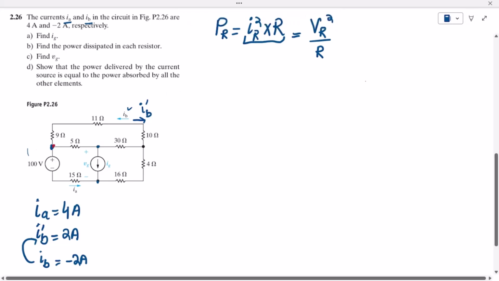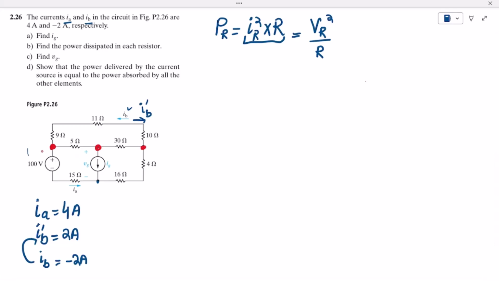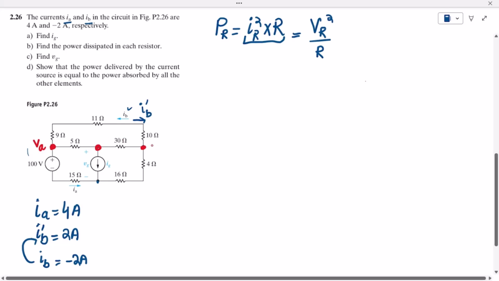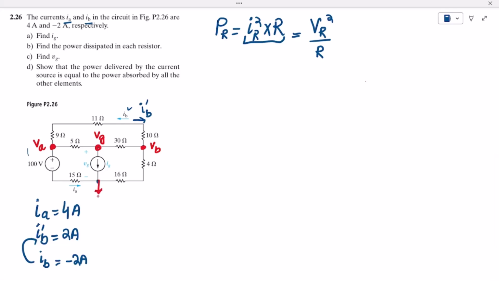So first, let me take this point, this point, this point. Let me call this VA, this one VB, and this one VG, which is already given. It will be the ground, which is here. And for the currents, let me take this current as IB.